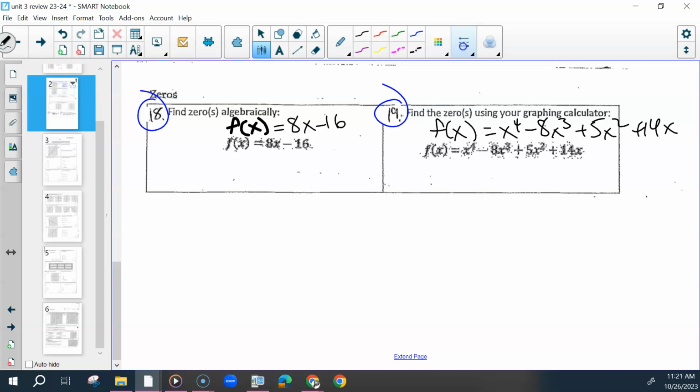If we're finding the zero algebraically, we're looking for what intercept? X. Zeros mean x-intercepts. So that means our y value has to be 0. So we can either change this to y and then change it to 0, or just get rid of this whole thing and change it to 0 and solve for x.